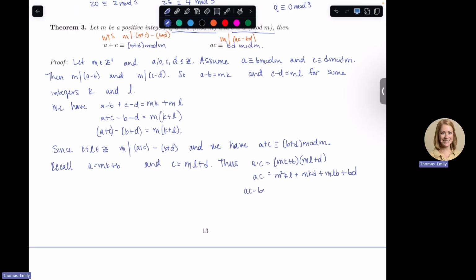So we have AC minus BD is equal to M times MKL plus KD plus LB. So M divides AC minus BD, and we have AC is congruent to BD mod M.